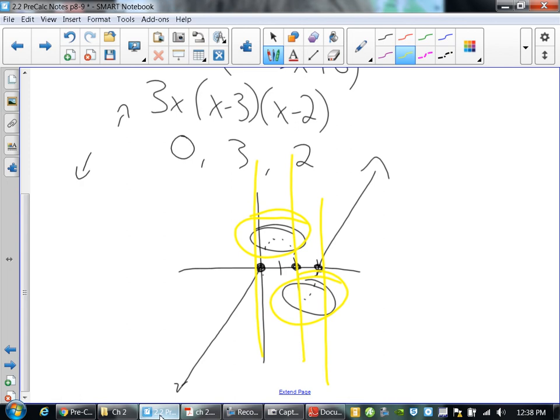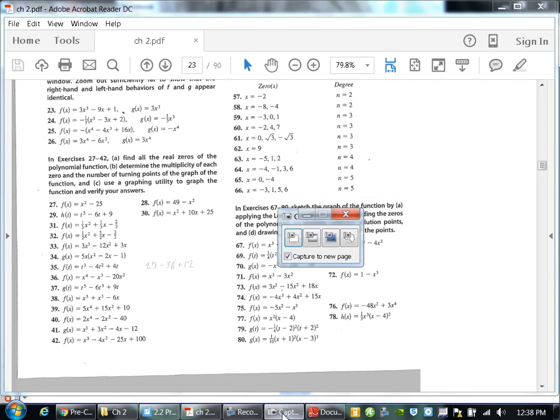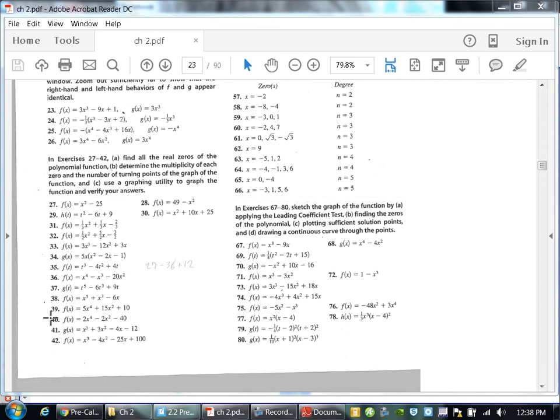I'm still confused by the thing you showed earlier, with the higher degree. When you have the higher degree ones, like a 4th and a squared, is that what you're talking about? Yeah. If you look at one like that, let's look at number 39.